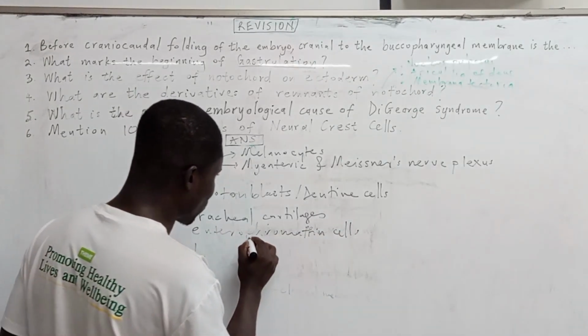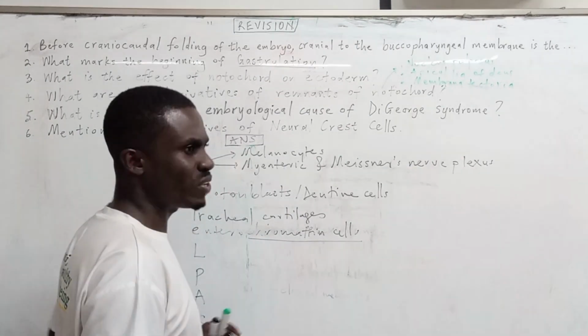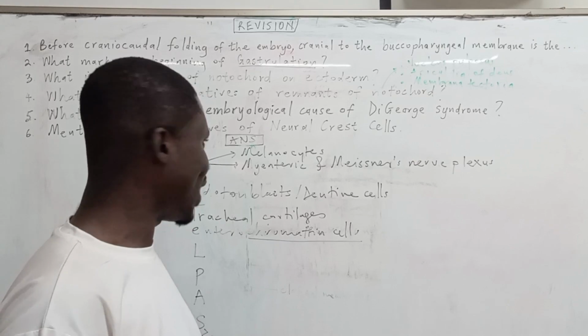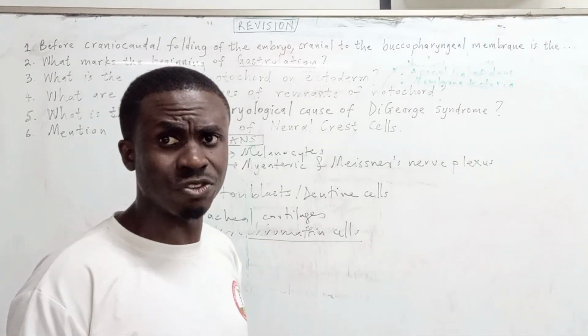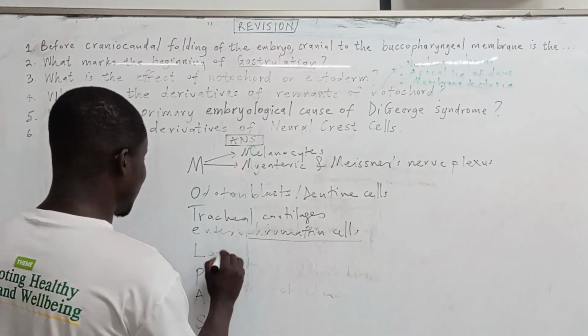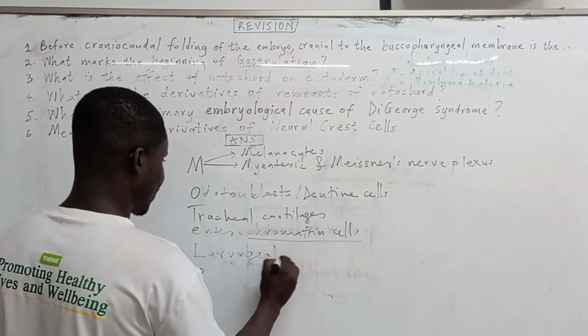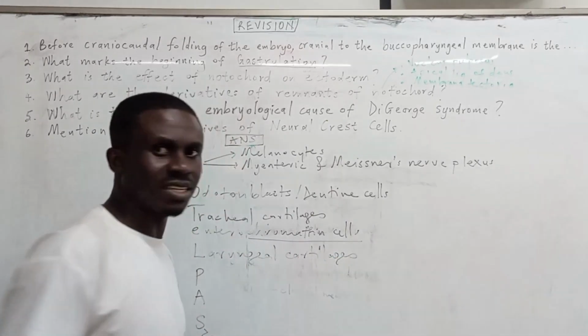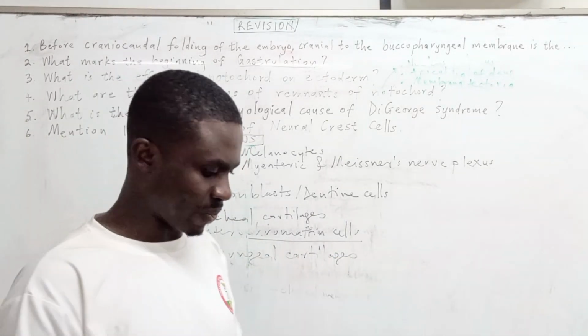I am interested in chromaffin cells, or the chromaffin-like cells, which we find in the adrenal medulla. Yes, that's what I'm interested in, the adrenal medulla. Now, I also told you about the laryngeal cartilages.